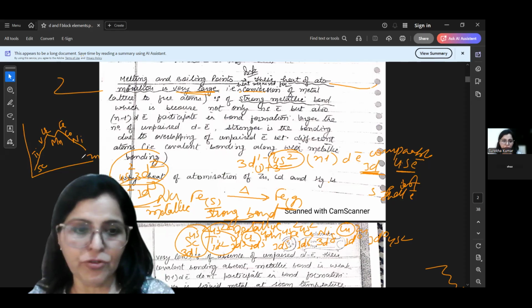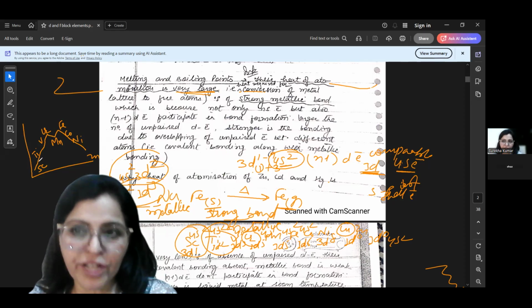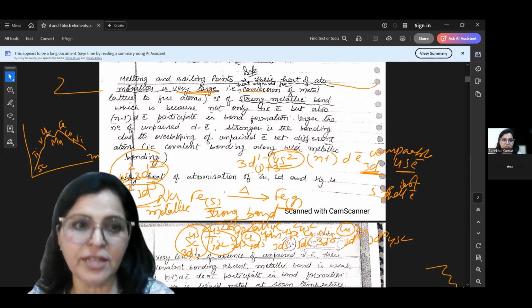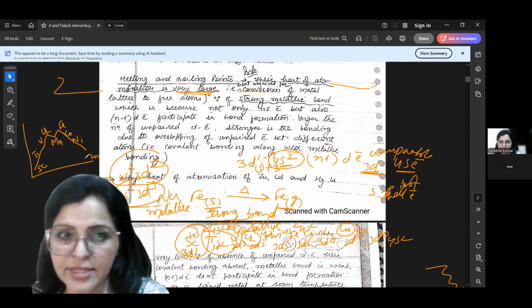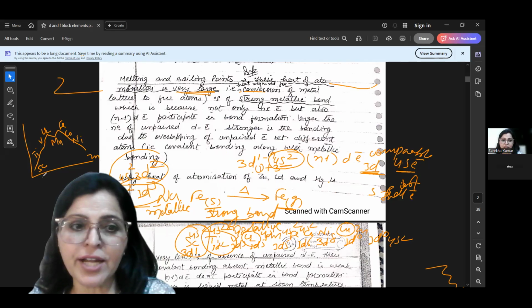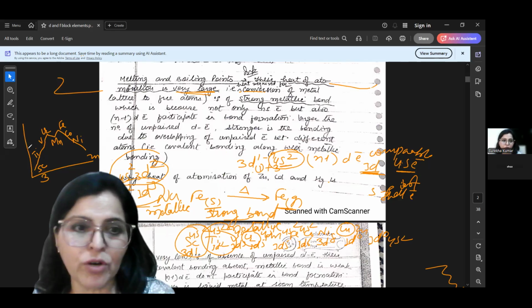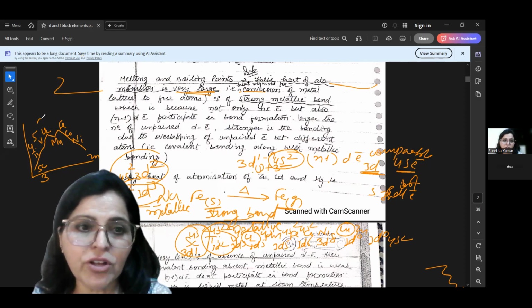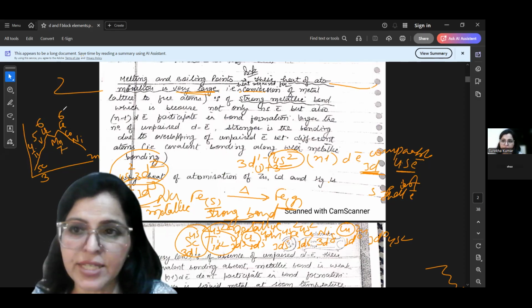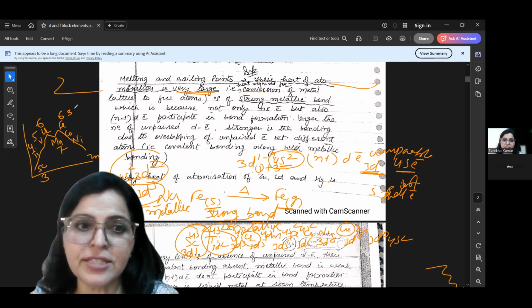See very carefully, the boiling point or heat of atomization first increases, then decreases. Why? In case of scandium, 3 electrons participate in bond formation, titanium 4, vanadium 5, chromium 6, manganese 7, and this is 6 once again. Why 6? Because the configuration of iron is 3d6 and 4s2.